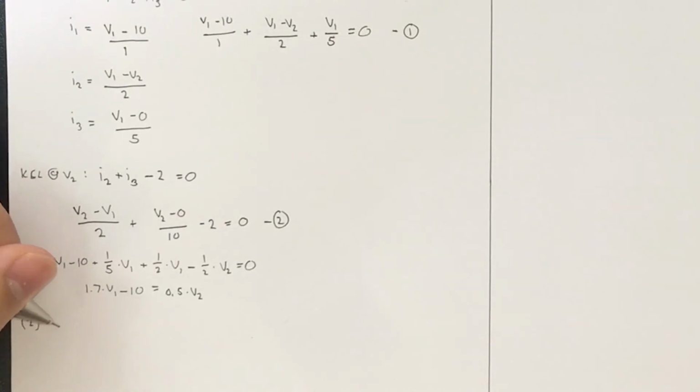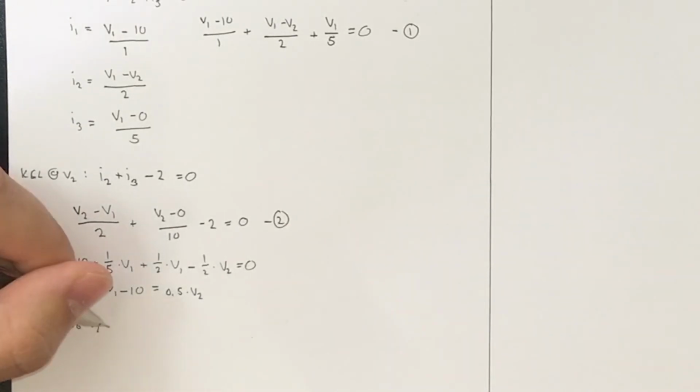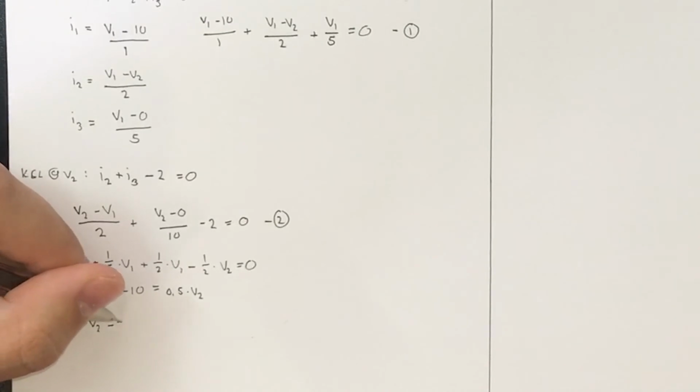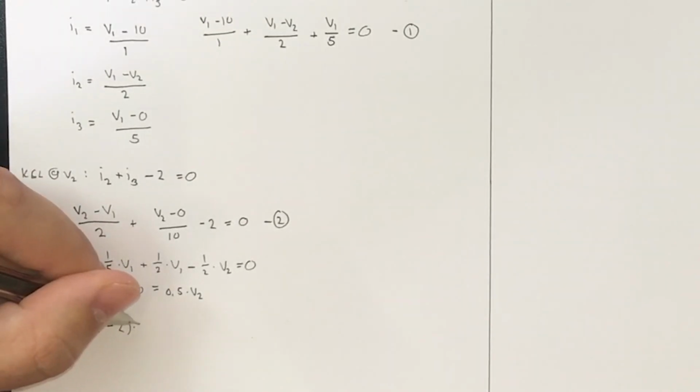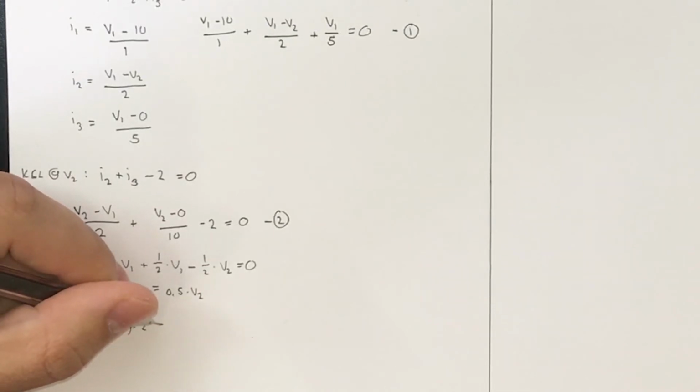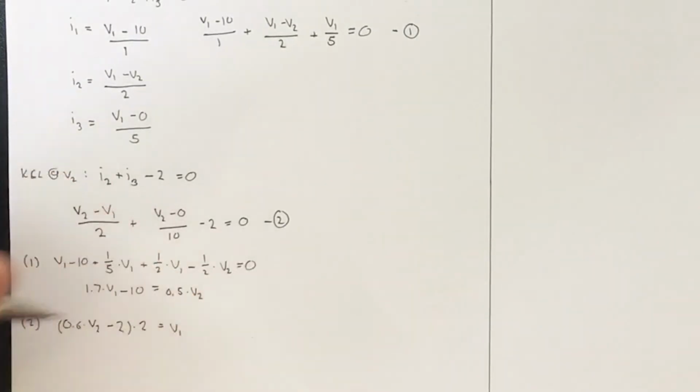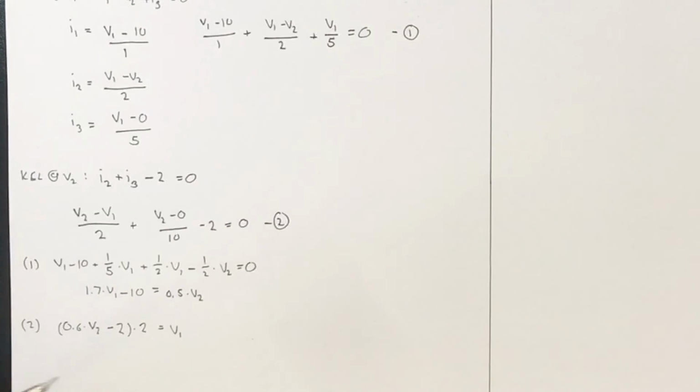We do the same with equation 2, and we get 0.6 times V2 minus 2 multiplied by 2 is equal to V1. So essentially what we've done is we've taken 0.5 of V2 and 0.1 of V2 here.